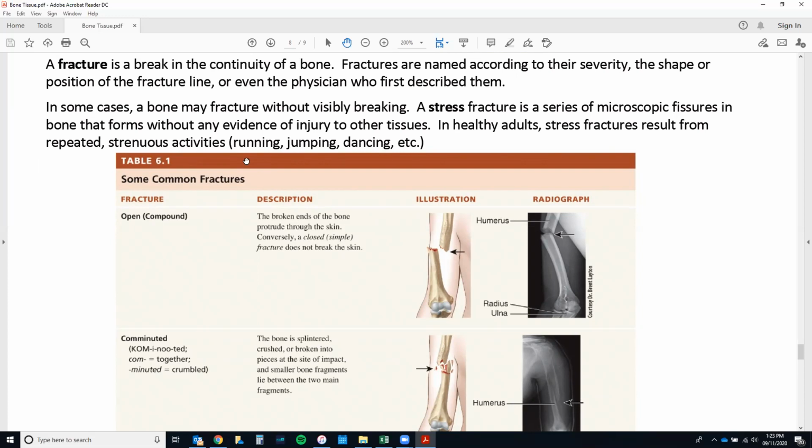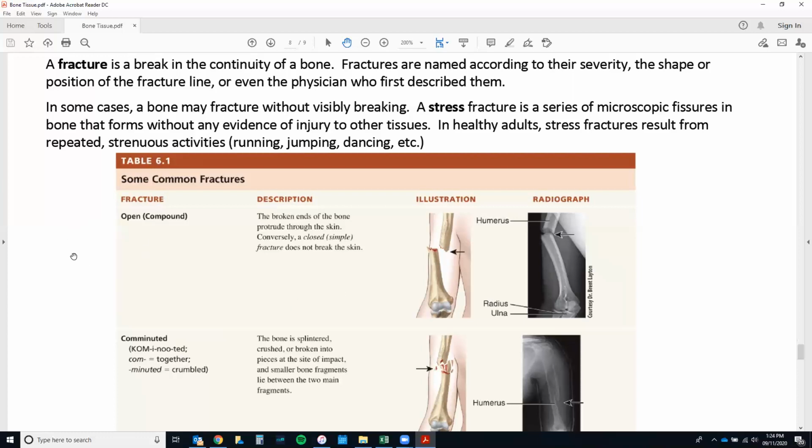So gymnasts, dancers, track athletes, very susceptible to stress fractures. We're consistently pounding our feet on the pavement, body weight pressing down on things like your feet and ankles and lower leg bones. Those are where you typically see stress fractures.